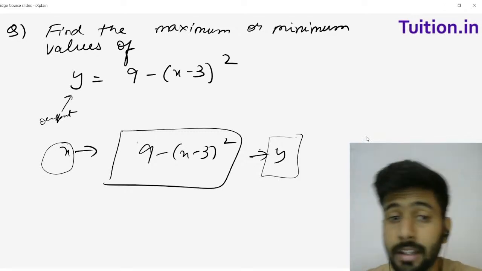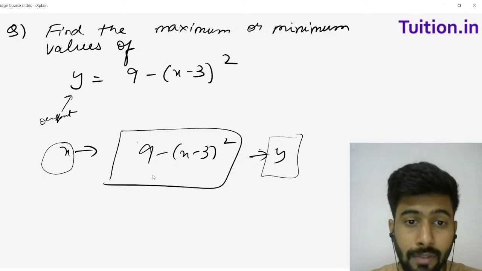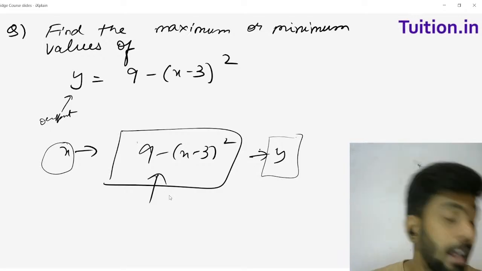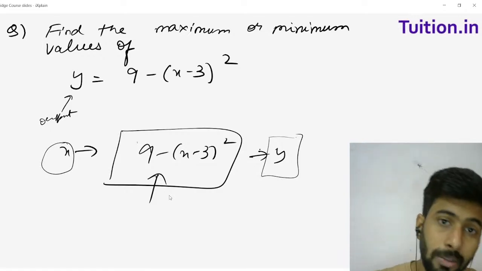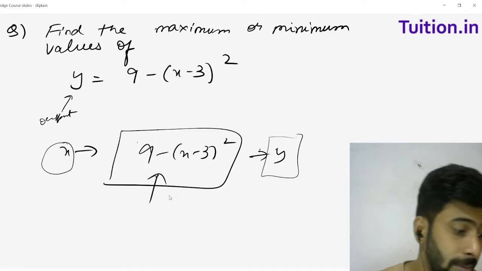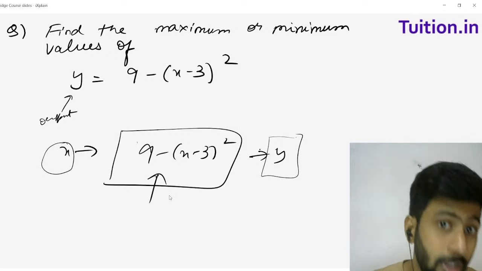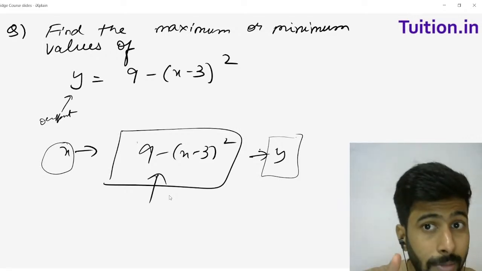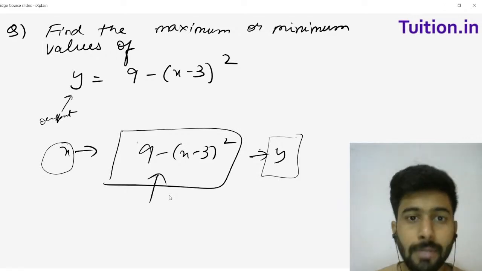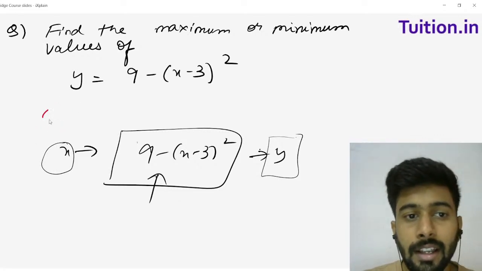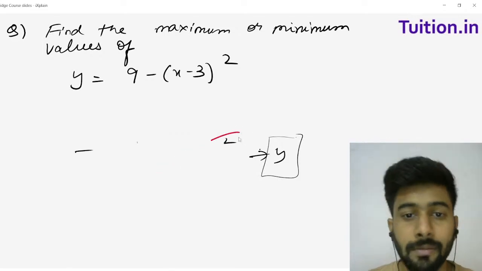Remember, in the previous class I told you it is possible for a function to not have either a maxima or a minima. It is possible for a function to have both maxima and minima. It is possible for a function to only have a maxima or only have a minima. It is also possible for a function to have more than one maxima. Anything is possible with a function.